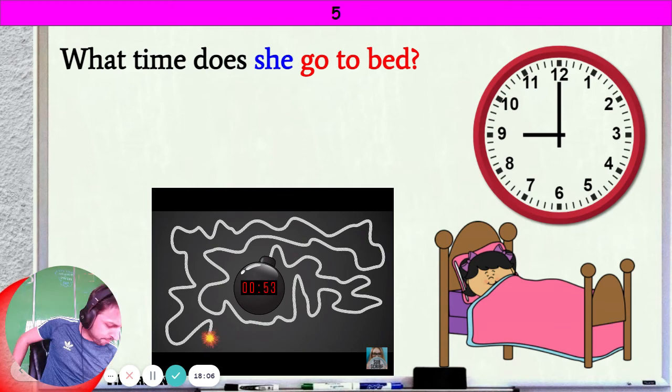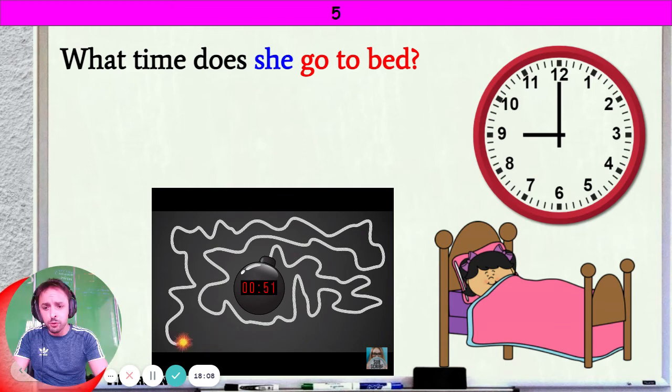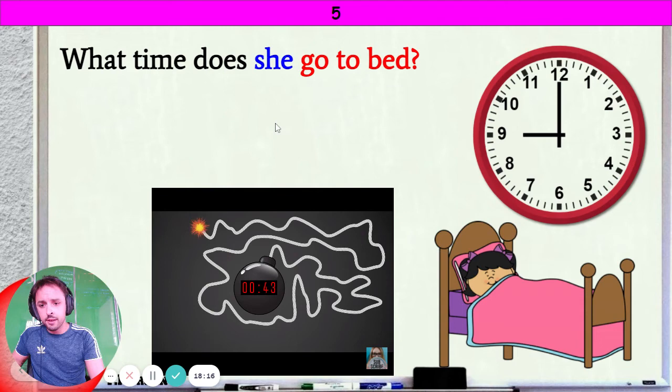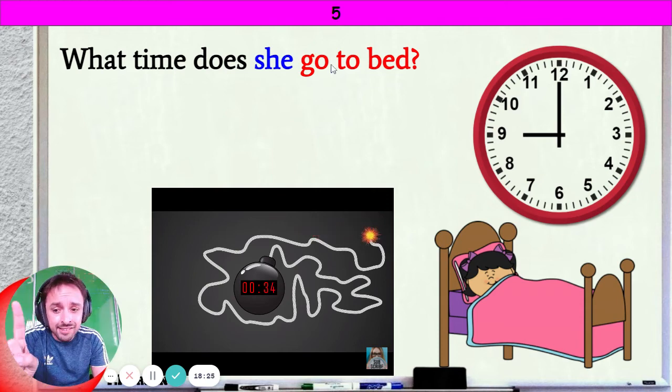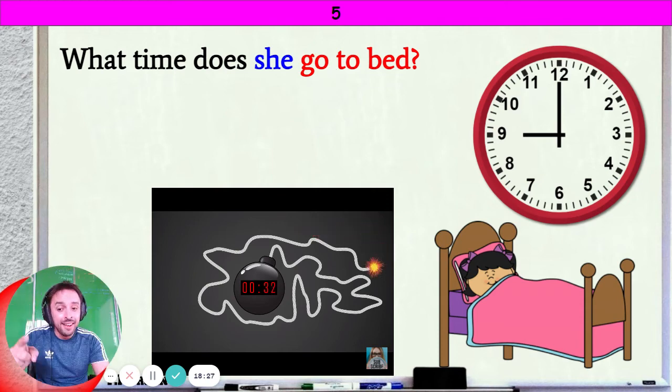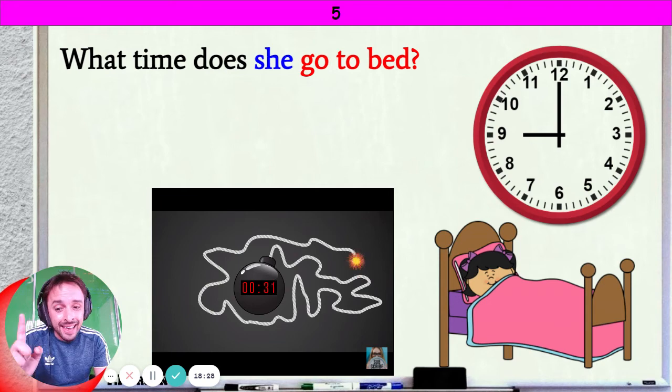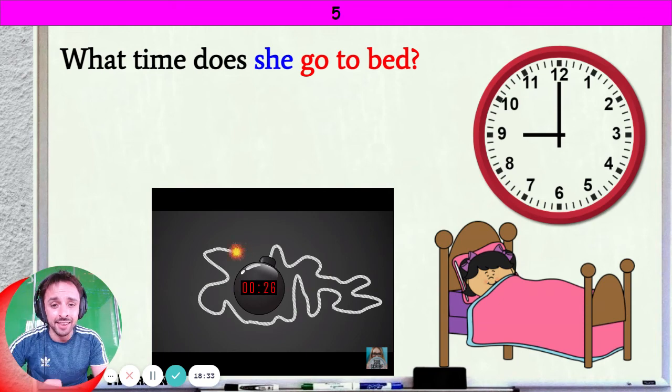Lovely. Okay, how do we do this one? For the answer, we start with the pronoun. Let's take the pronoun down. Then we take the verb. And that's next. But remember, if it's he or she, you add an S. But is it an S? Because it ends in O, so maybe you don't add S. Maybe you add ES.